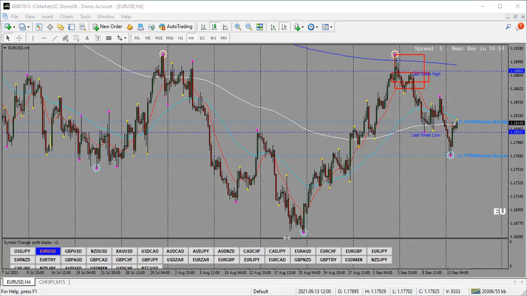Whenever a breaker and source is formed on H4 on a demand or supply zone, on a daily bearish or bullish order block, a bias has changed. Then three things might likely happen as price retests the breaker. It can retest the breaker and move away. It can retest the source and move away.